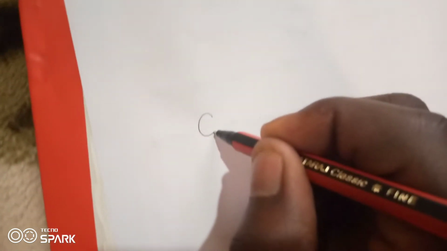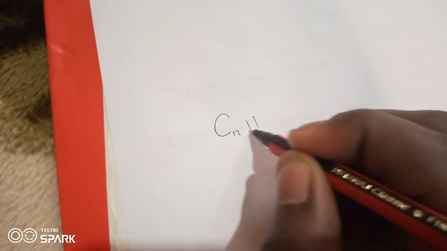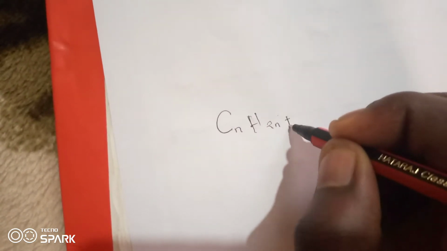alcohol, such as methanol, remember the general formula is CnH2n+1OH.